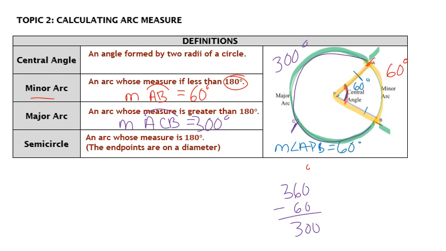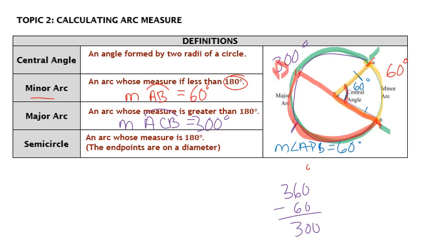And then the last thing would be if we have a semicircle. So a semicircle is formed by a diameter. So let's say if I was to add another letter here, let's say I call this letter D over here.